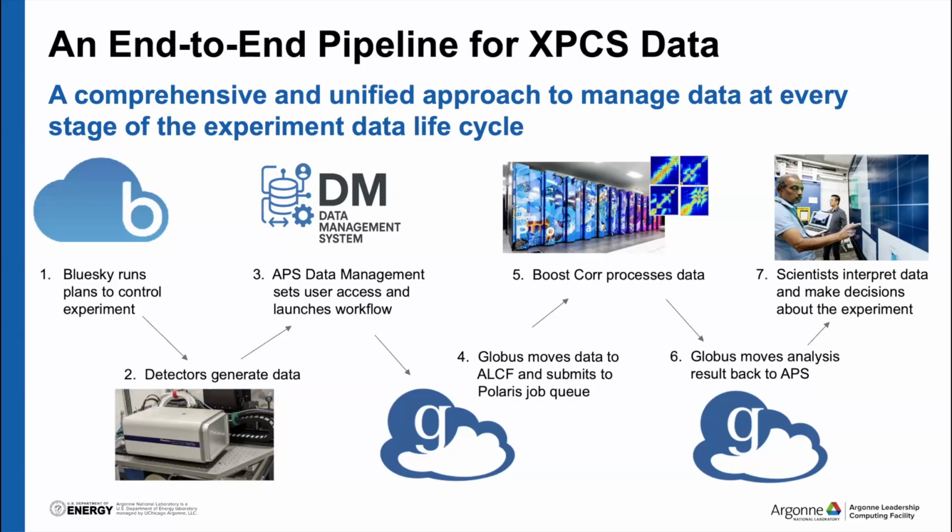Then from there, this data management system has a copy of the Globus client credentials, the secret and the ID. It will use those along with a Globus Compute client to tell where we want to process the data over at our ALCF endpoints.